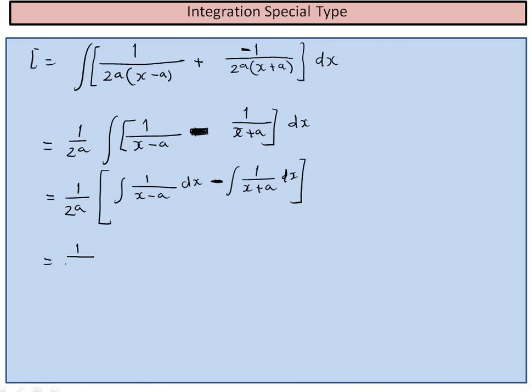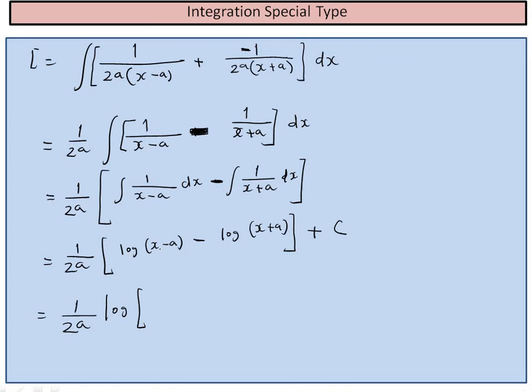याद रखो बच्चों, फॉर्मूला इनटू ब्रैकेट log x minus a divided by coefficient of x is 1, so I need not write, minus log of x plus a divided by coefficient of x which is 1, I did not write. इंटीग्रल साइन गया तो यहाँ कांस्टेंट आया, so it will be 1 upon 2a log of this minus this, मतलब log of this upon this, x minus a upon x plus a plus c.